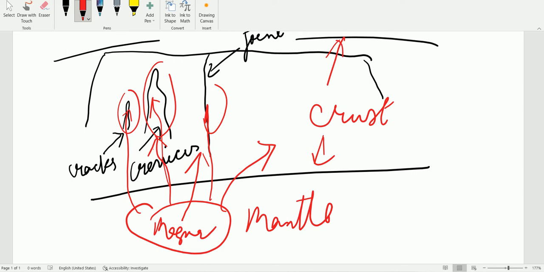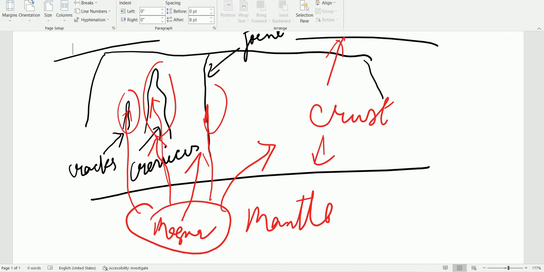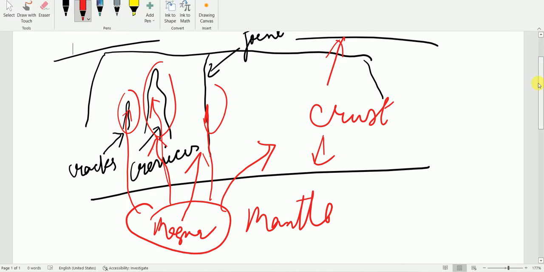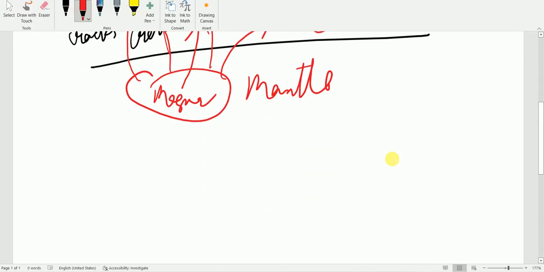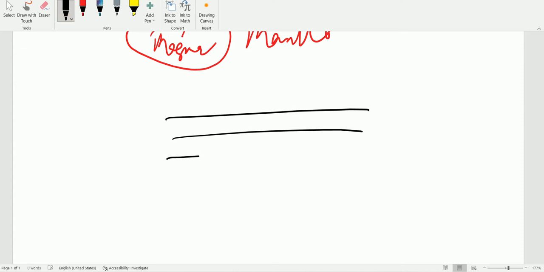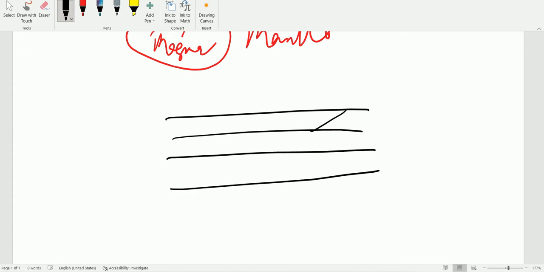Sometimes along the fault line also, faulting we have learned in class 9. Okay, sometimes here let us say these are the different formations, that is different layers. So for example, this is a layer, that is we call it formation, that was formed in a particular geologic time.